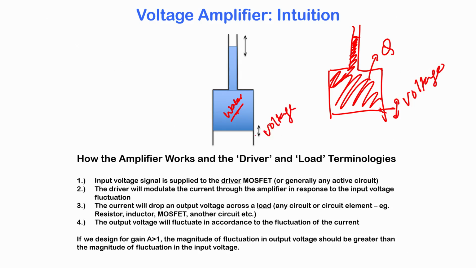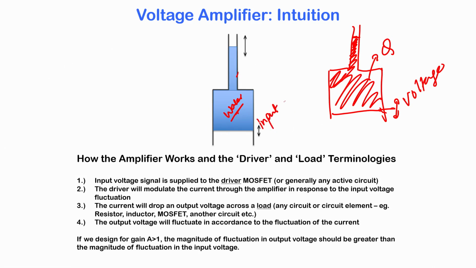So we design an amplifier such that one pipe is very wide and the other pipe is very narrow, and we design it such that the input sensor emits a fluctuation here which allows the water to move up and down a little.